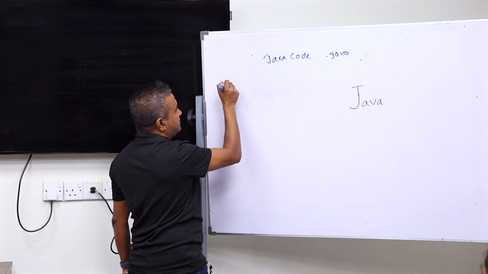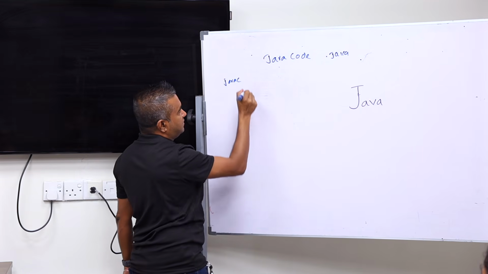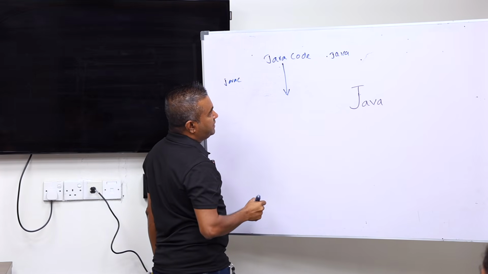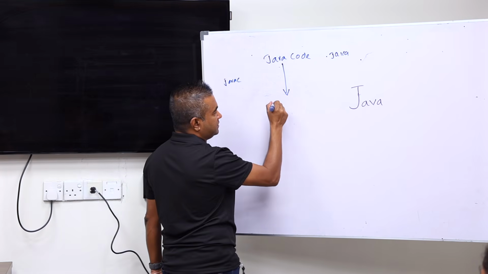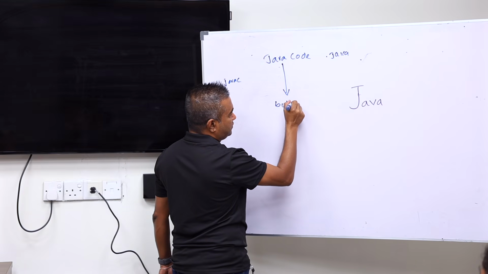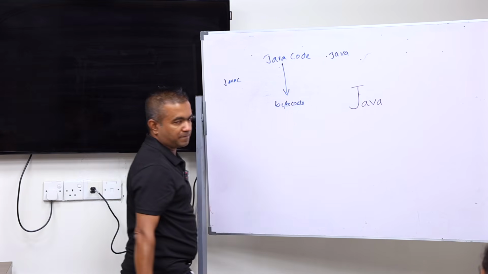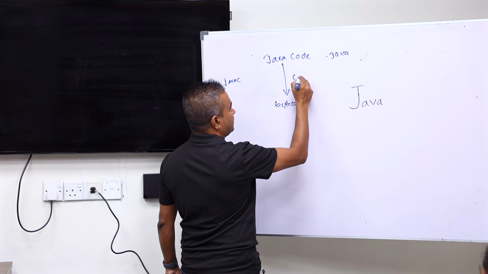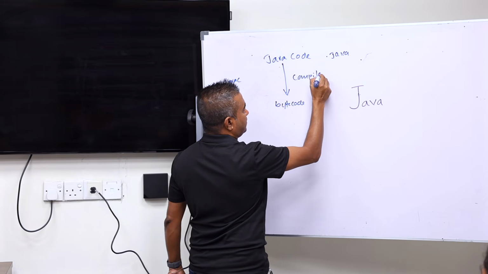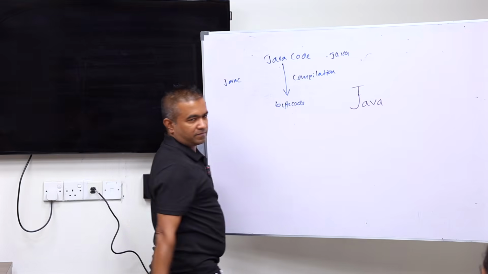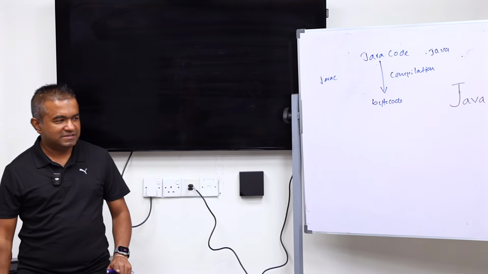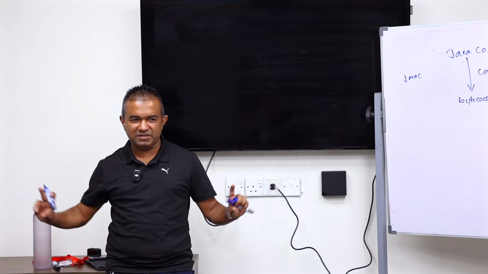When the Java compiler compiles, it compiles into byte code. This is converted into the byte code. This is compilation. But we discussed that a computer can only understand machine language.